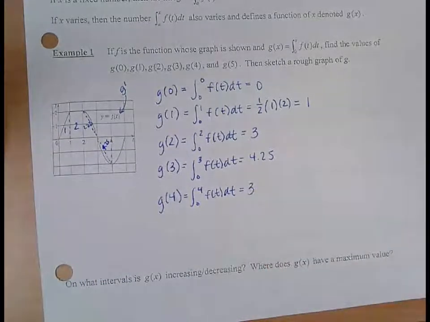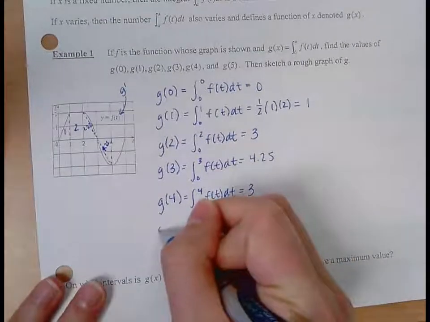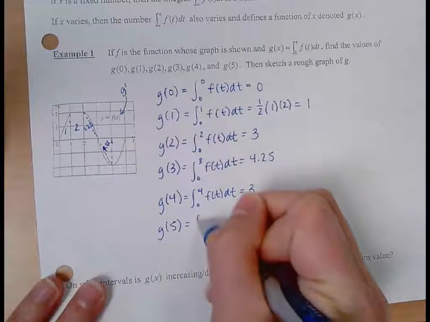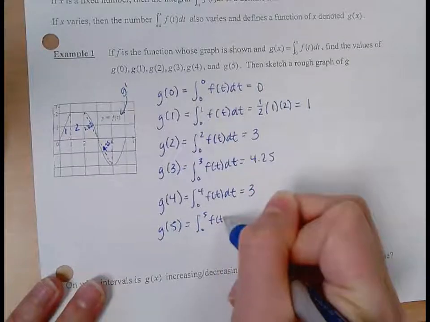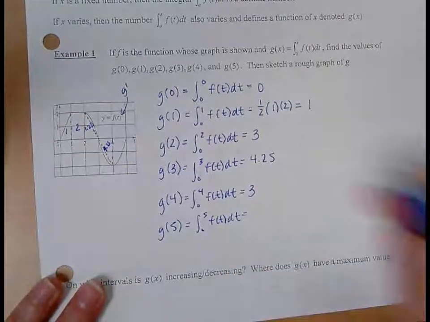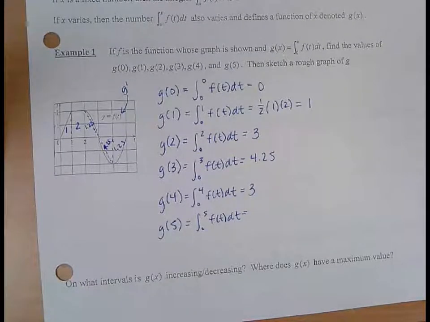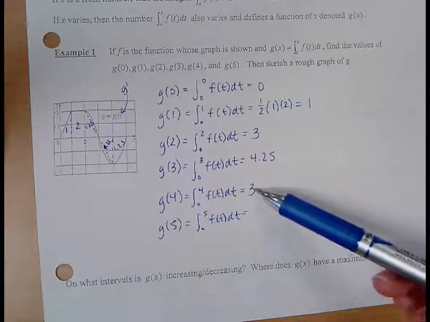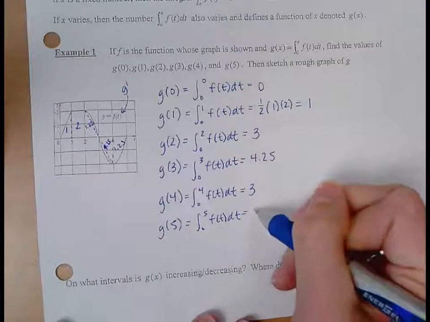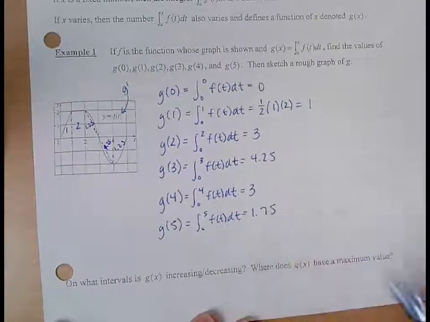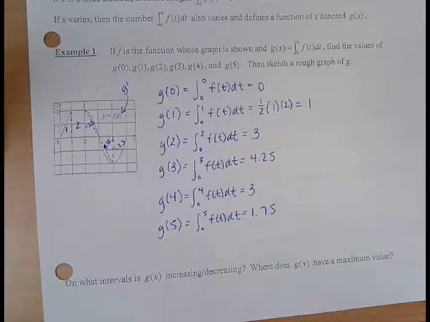We're back to 3. And the last one, g of 5. Another negative 1.25, so it'd be the 3 minus another one, 1.75.